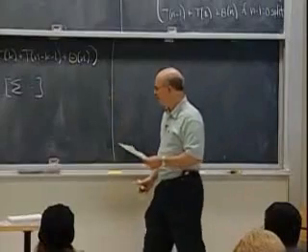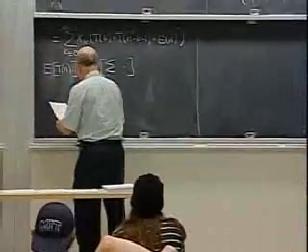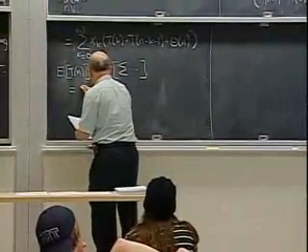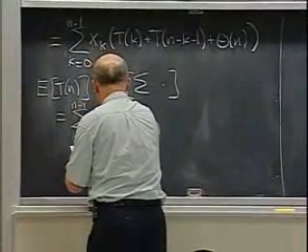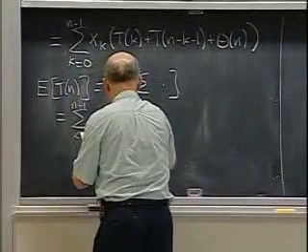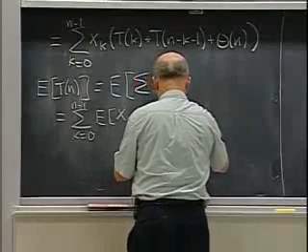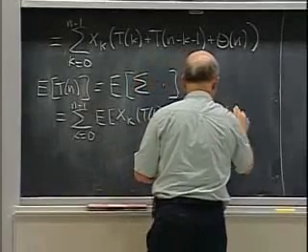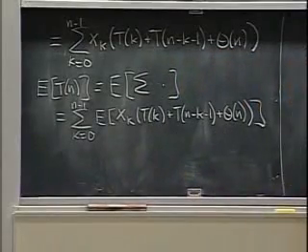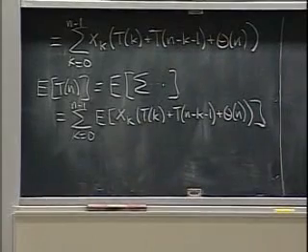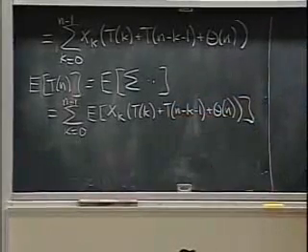Okay. So this is, I claim, equal to the following. Actually, I'm going to need a little space here, so I'm going to move the equal sign over a little bit. Okay, so I claim this expectation is equal to that summation of expectations.